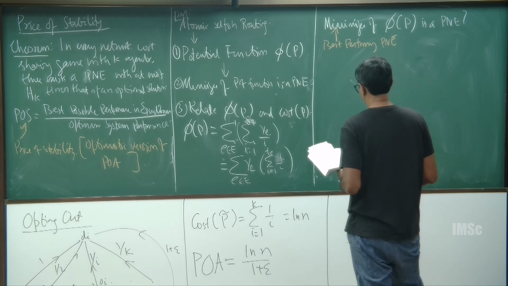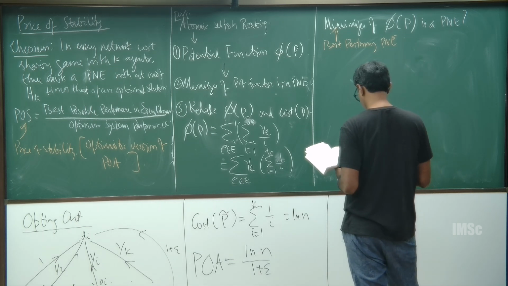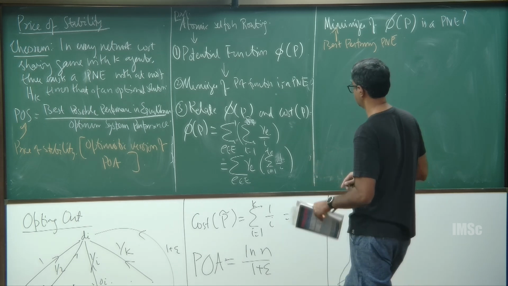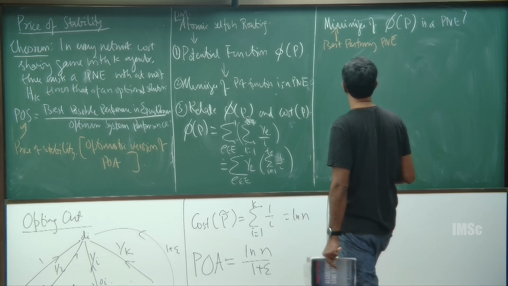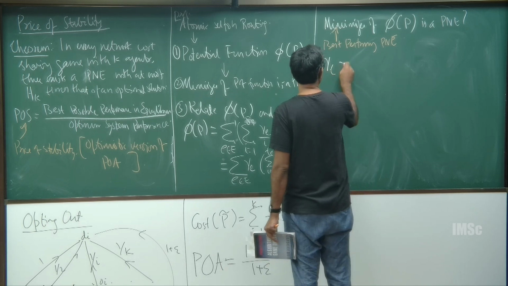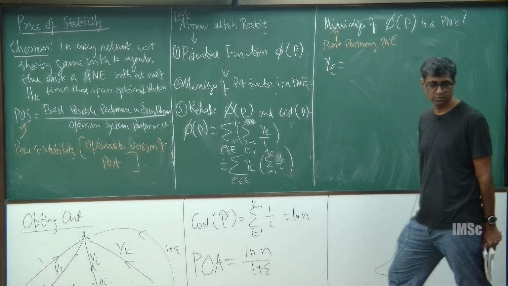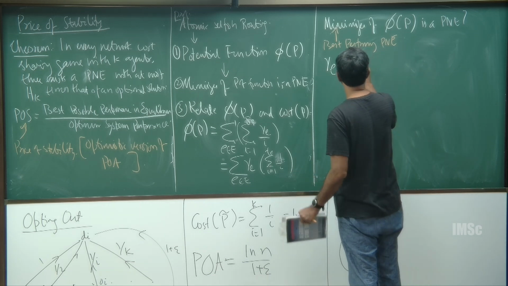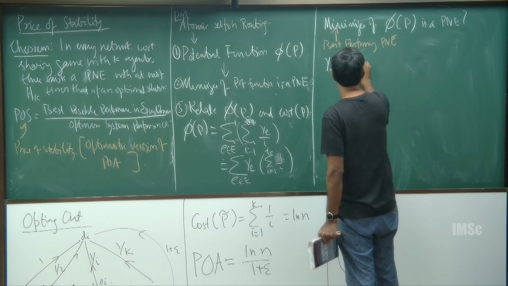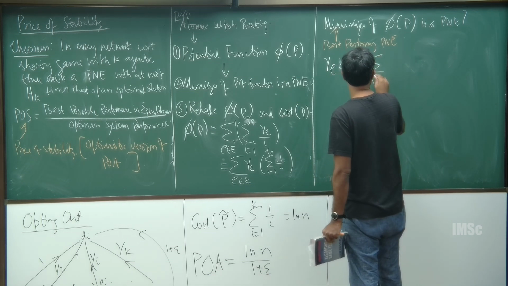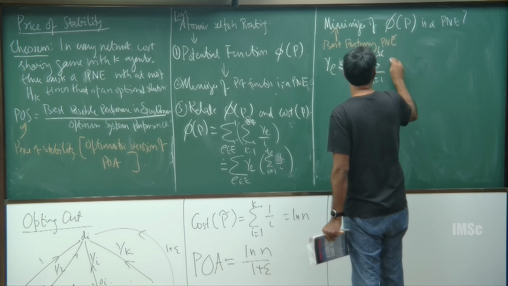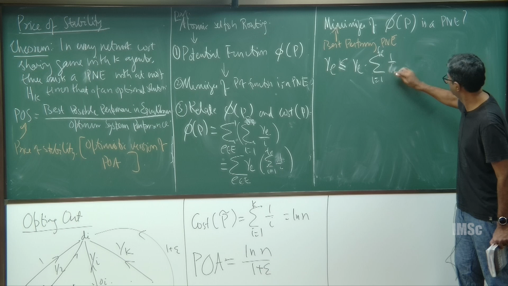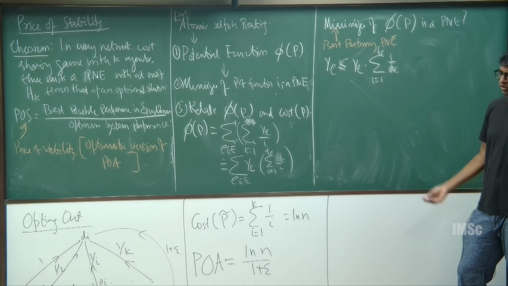Okay. So, now let us try to prove, let us try to understand what happens. Look at gamma e. Gamma e is less than or equal to gamma e times summation i equal to 1 to F e of 1 over i, because this is a positive quantity.